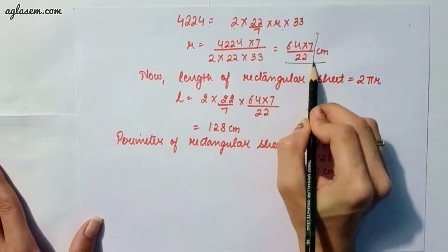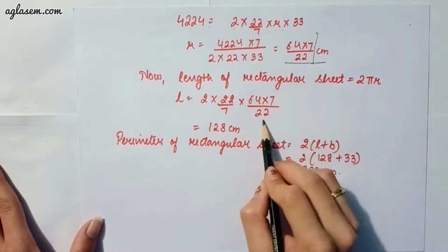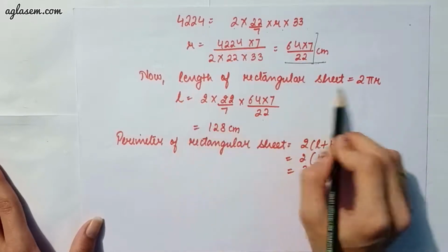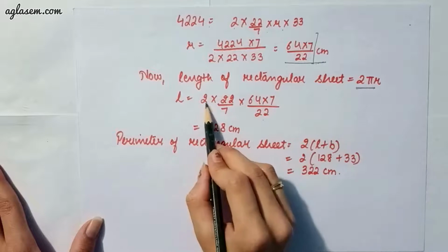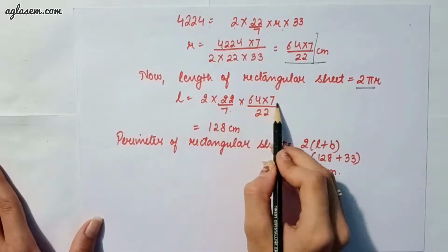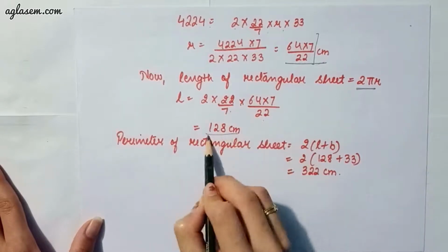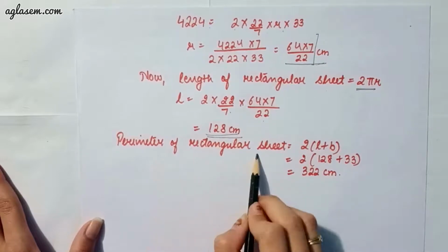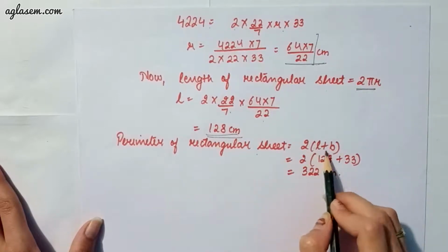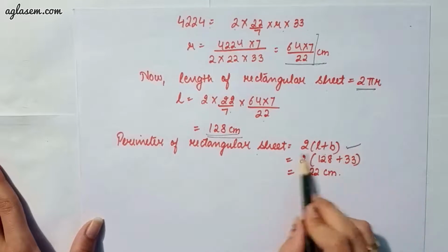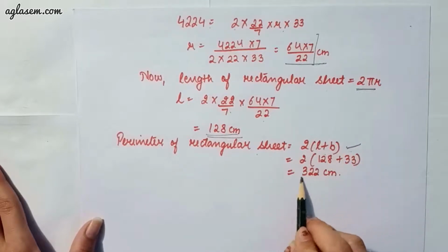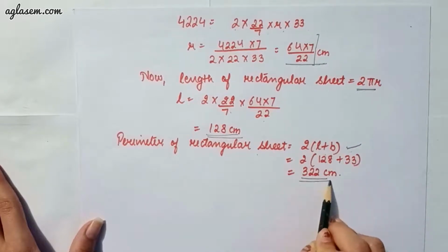We don't need to solve it here. We can further solve it: the length of the rectangular sheet is 2 pi r. So by applying 2 into 22 by 7 into 64 into 7 upon 2, we will get 128 centimeter. The perimeter of the rectangular sheet is 2 bracket L plus B. This we know. So by applying the length and breadth in it, we can have 322 centimeter square.